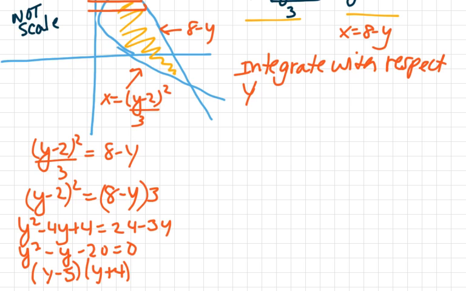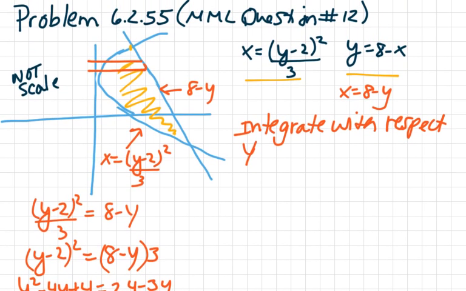So scroll back up here. These points have a y component. The bottom one has a y component of minus 4, and that's this point. And this point has a y component of 5.